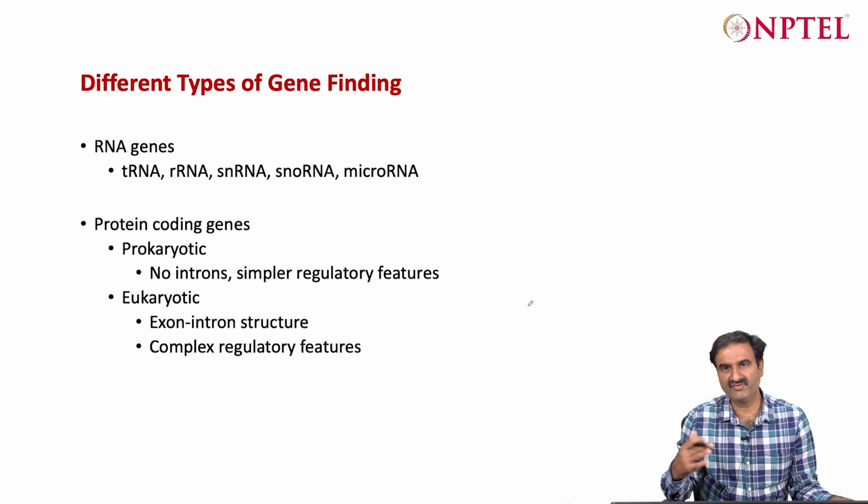Both have different methods to predict them. Of course, it is easier and simpler to find genes in prokaryotes because they do not have introns, whereas in eukaryotes it is relatively difficult because of a complex gene structure that includes introns, exons, and also a lot of regulation.